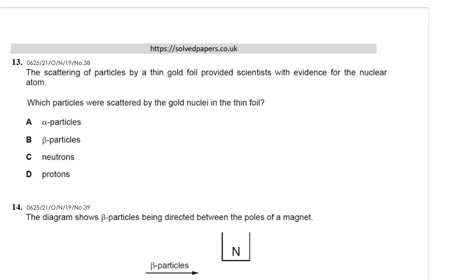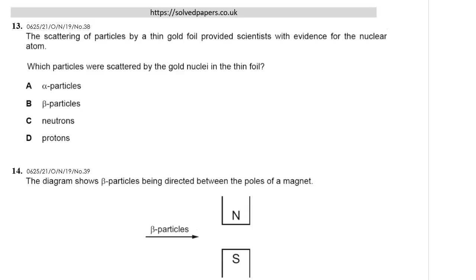Now number 13. Number 13 is an extended question. It was set in variant 2.1, and this was question number 38. The scattering of particles by a thin gold foil provided scientists with evidence for the nuclear atom.